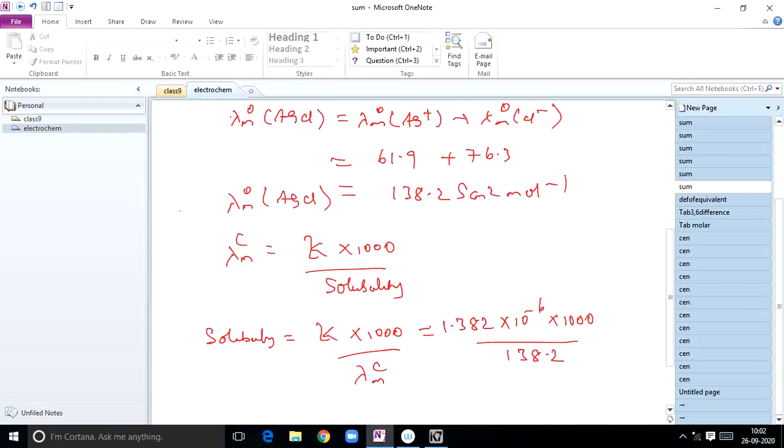So you are supposed to calculate solubility. Here lambda m naught we calculated. So solve this, you will get the answer. Okay, and you should get the answer in gram per liter.